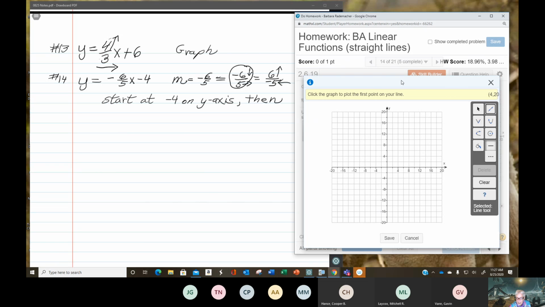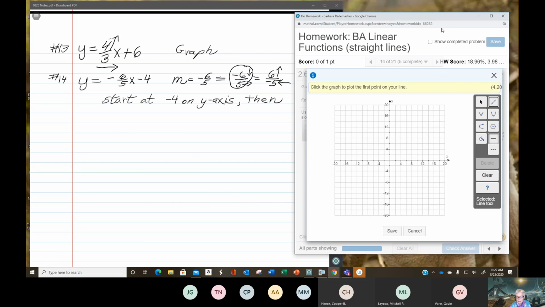Okay, now I wonder if I can pull that up a little bit. Not much. Okay, I'm going to start at -4 and put a dot. And I'm going to look in the right-hand corner to make sure I'm on 0, -4. And then click. And then I can go down 6, if it wasn't for this stupid thing.